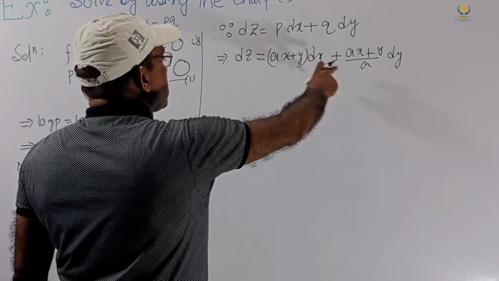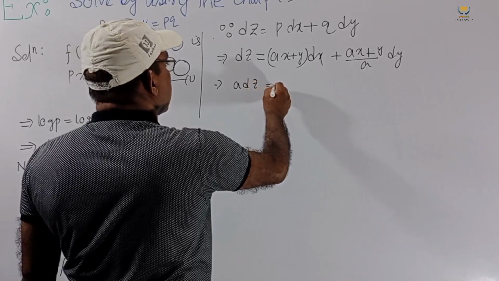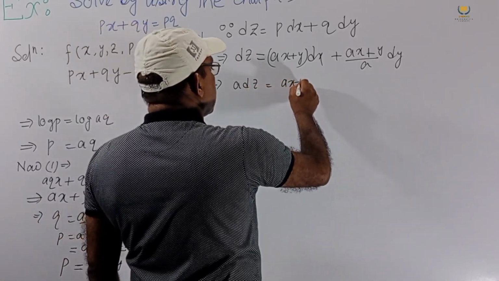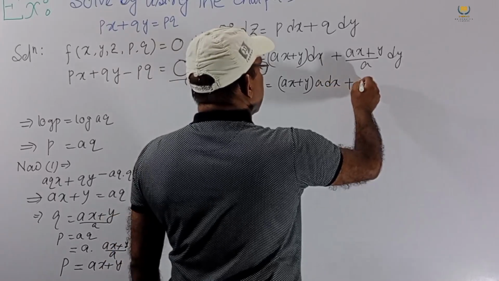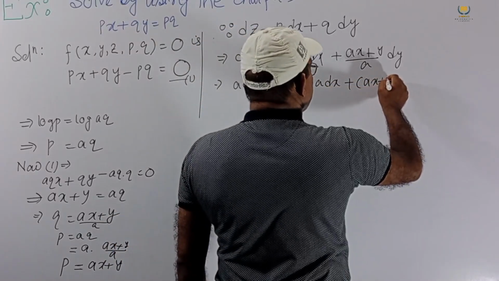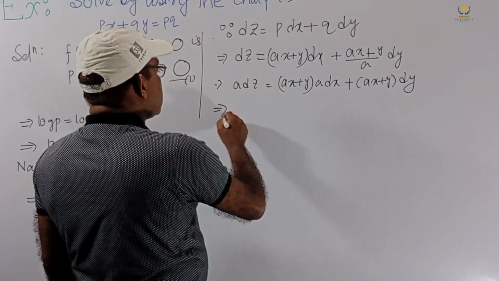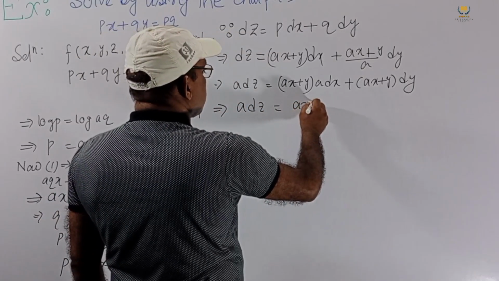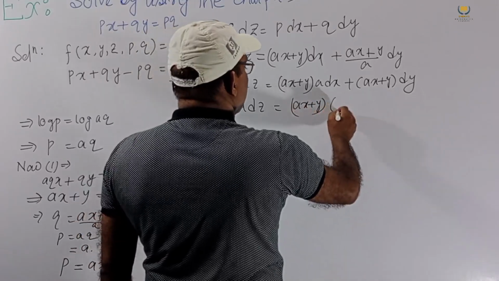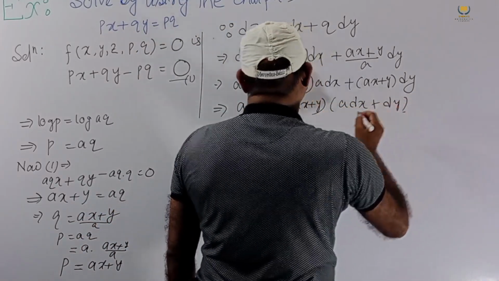So we multiply both sides by a. This is a dz equal to (ax plus y) a dx plus (ax plus y) dy. This can be written as (ax plus y) common, a dx plus dy.